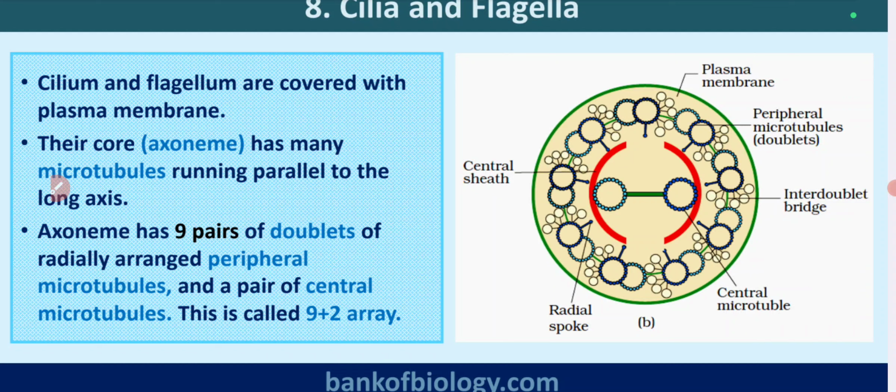Their core, axoneme, has many microtubules running parallel to the long axis. You can see many microtubules are present here. Central microtubule, peripheral microtubule. Axoneme has 9 pairs of doublets of radially arranged peripheral microtubules and a pair of central microtubules. This is called 9+2 array.